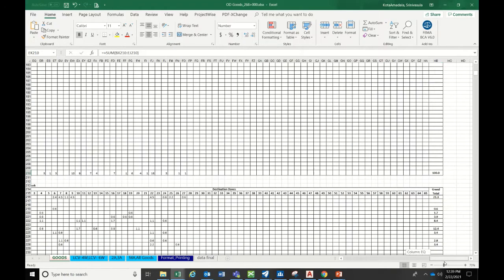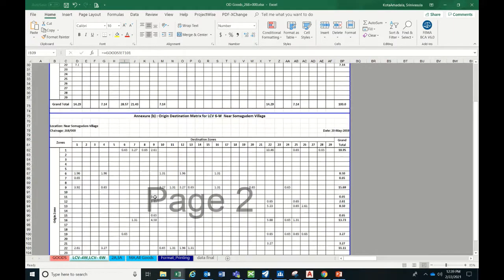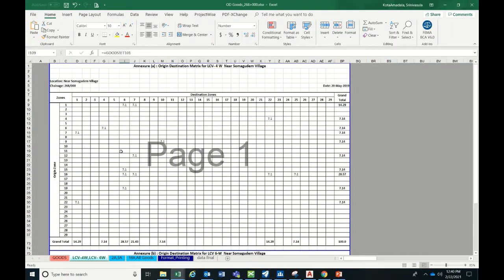Just calculate the percentage. Once this percentage comes, then you have to prepare a standard format to give to a client or for submission purpose.